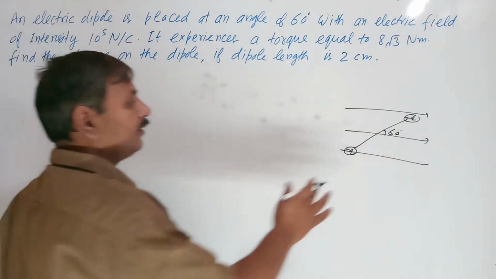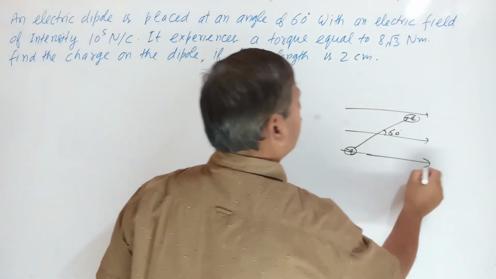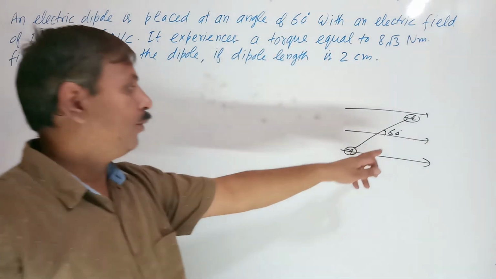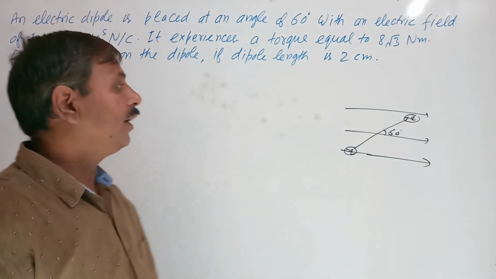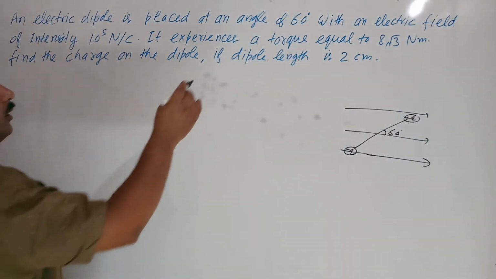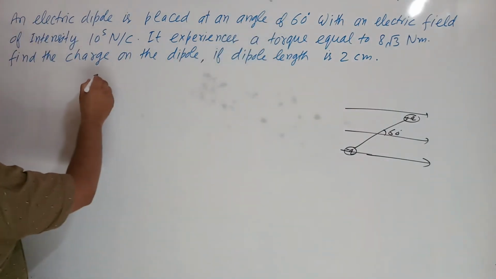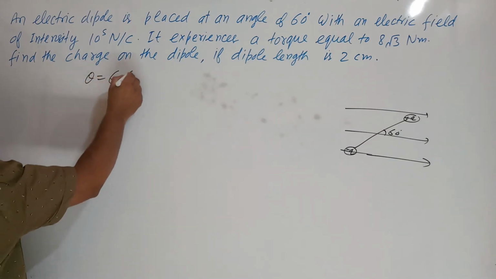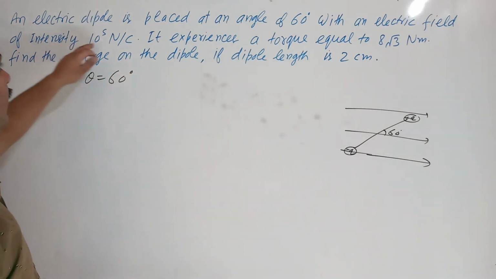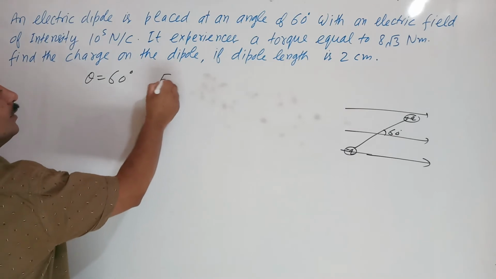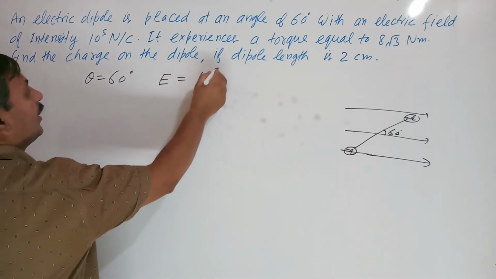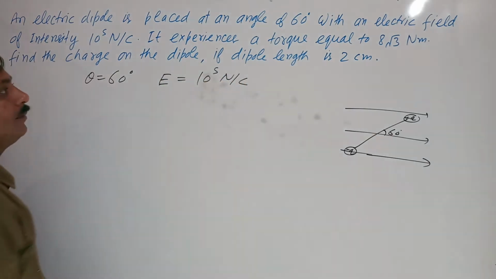So see here, this is the electric field, and this is the dipole. It makes an angle of 60 degree. So note down all the things. Theta they have given is 60 degree. Electric field intensity E they have given is 10 raised to 5 Newton per Coulomb.